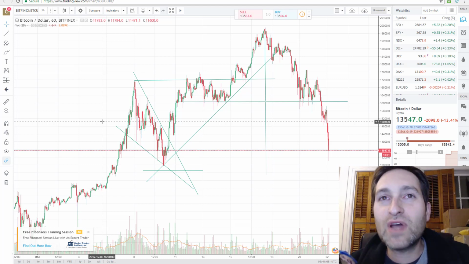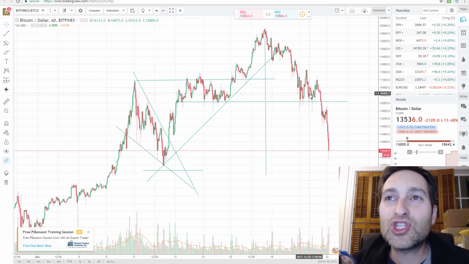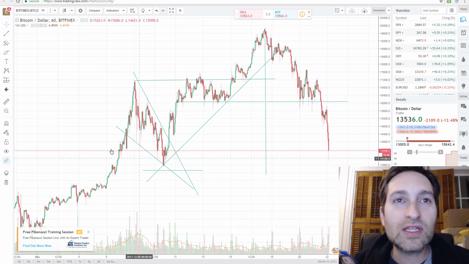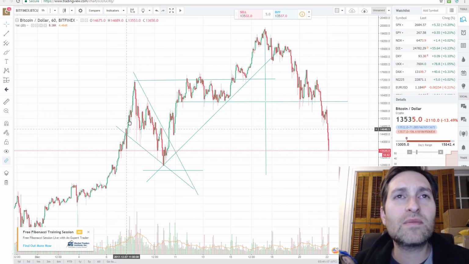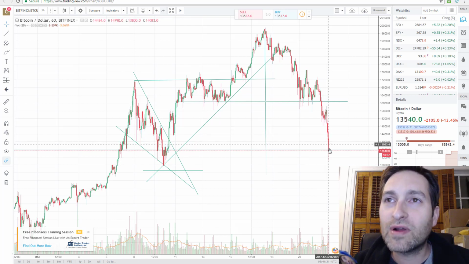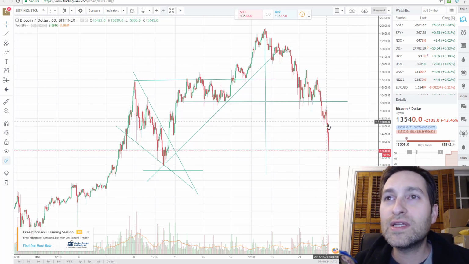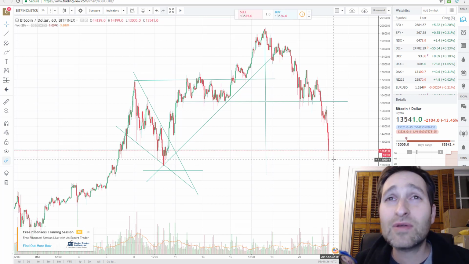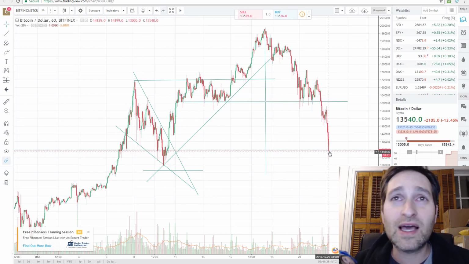As quickly as they've moved up, you can see how sharp they move down. Look at this run up here. Boom. Some sell-offs in some markets are not as sharp as this. But look at this sell-off here. Wow. Huge. Nearly straight down. And this is an hourly chart. We don't normally see that.